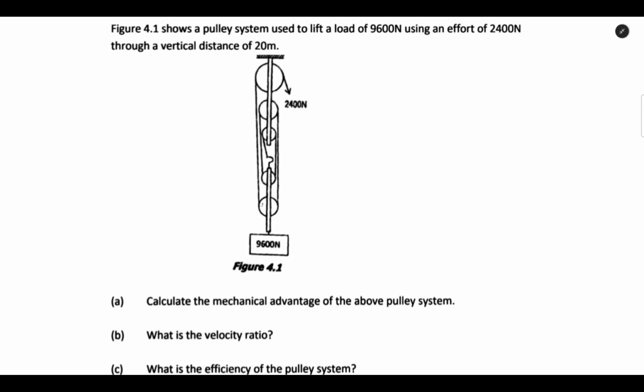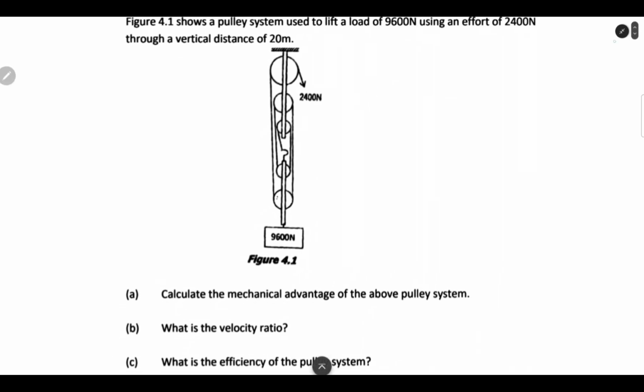The first question is: calculate the mechanical advantage of the above pulley system. Before you even calculate it, you need to know what mechanical advantage is by definition. Mechanical advantage is just a ratio of load to effort.